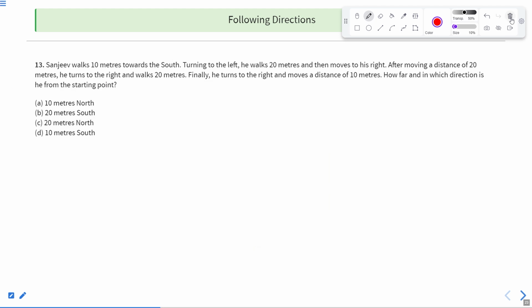Sanjeev walks 10 meters towards south. Turning to left, he walks 20 meters, then moves to his right. So let's take this to be the starting point. Sanjeev moves 10 meters south, then turns towards left, walks 20 meters, then moves right, distance of 20 meters.